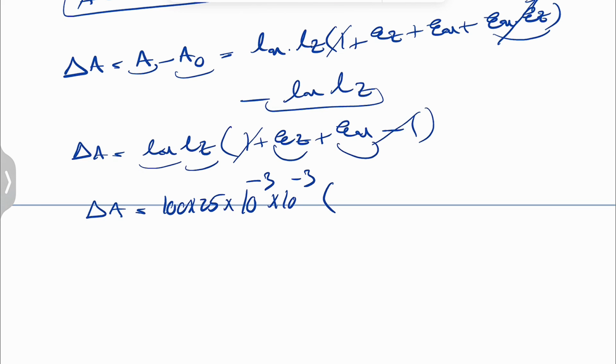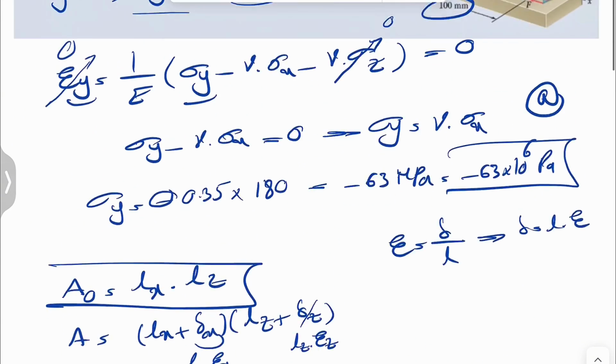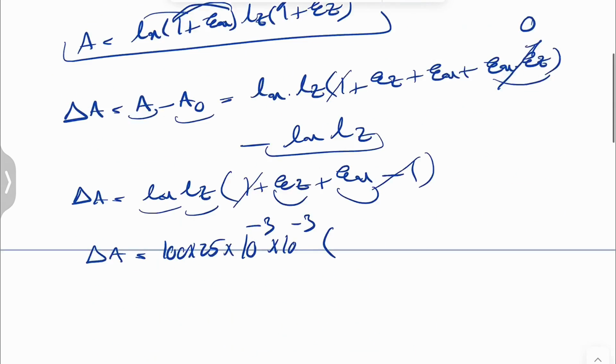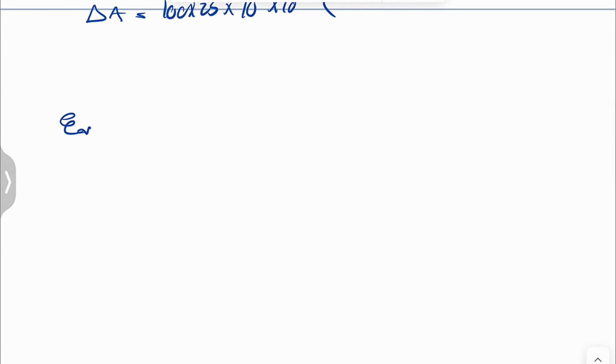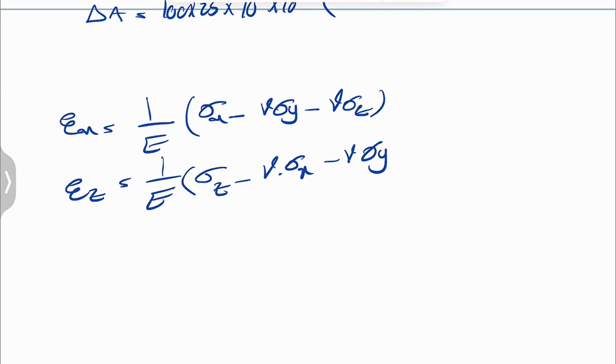And we just need to figure out the value of epsilon Z and epsilon X. For doing that, we just have to use this formula again for each of them to find epsilon X and epsilon Z. So 1 over E, and again, we know this is 0.